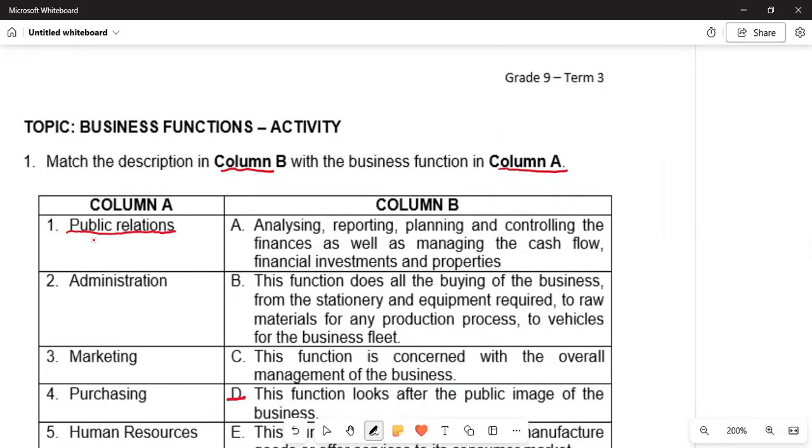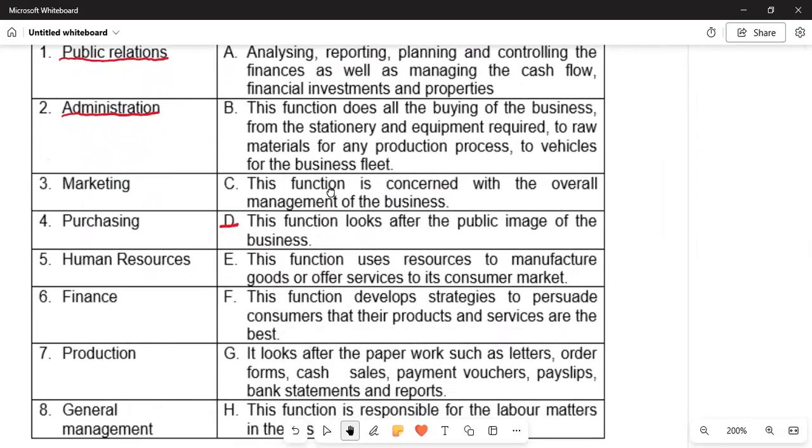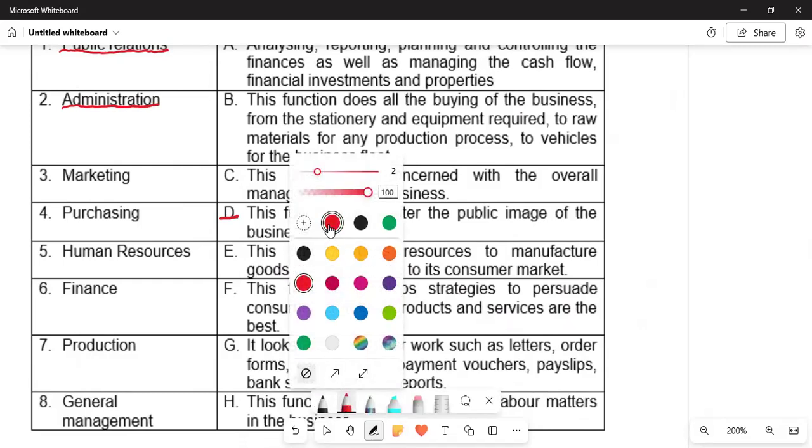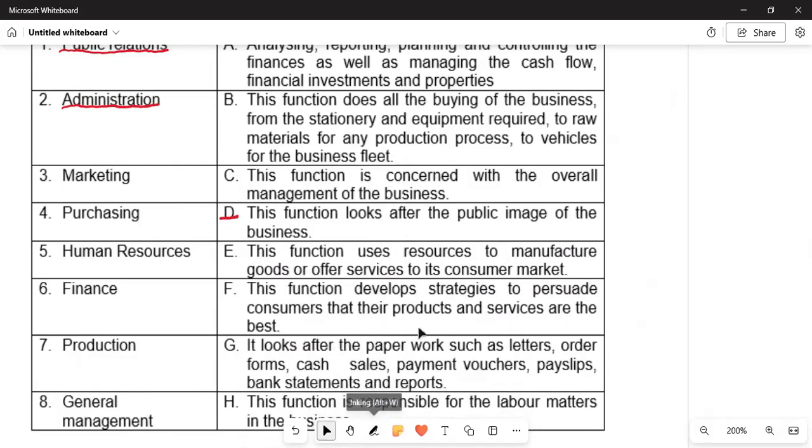Now coming to administration. We have to see which one is going to match with administration. So now we can go to G. As we can see, it says it looks after the paperwork, such as letters, order forms, cheques, sales, payment vouchers, payslips, bank statements, and reports.